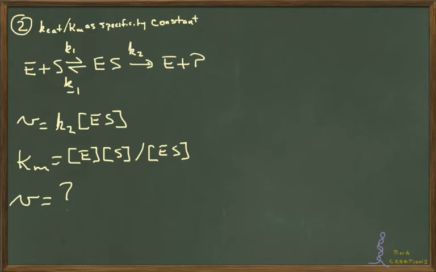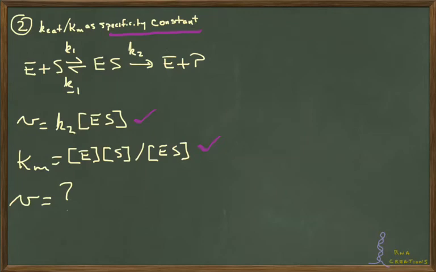All right. So kcat over Km is what's often called a specificity constant. Once again, I just wrote down the equation as well as the equation for velocity, which is on the preceding slides, and the equation for Km. And so now we'll go ahead and start to fill in, and we can say, what is the velocity equal to?